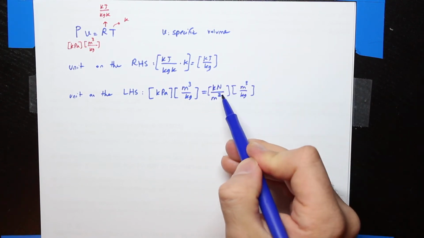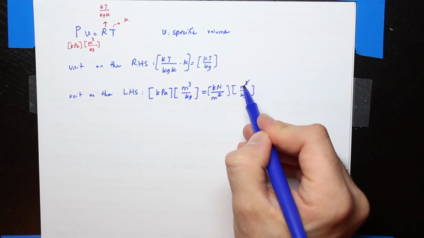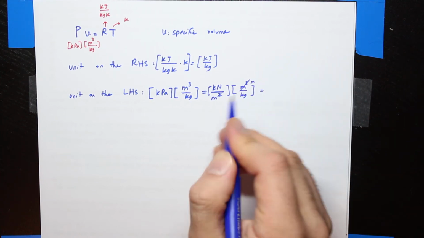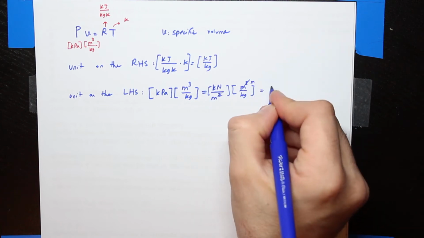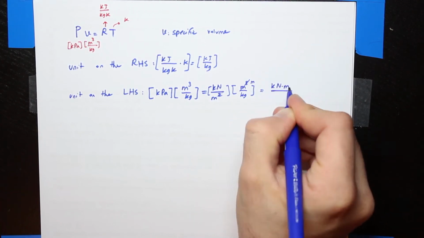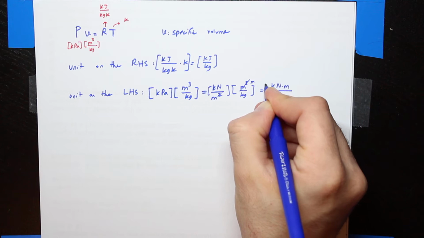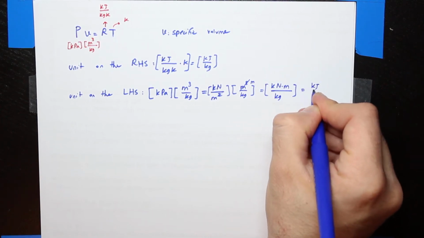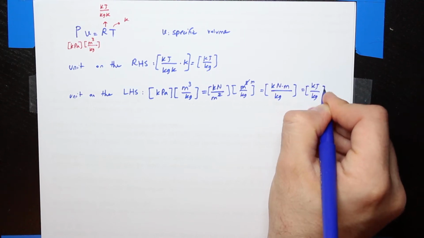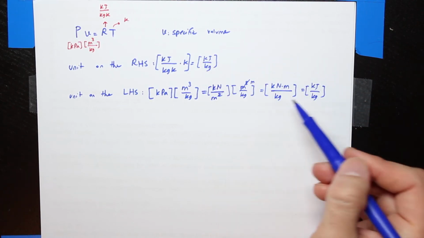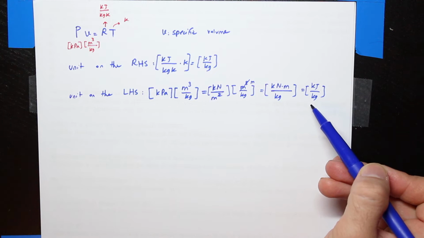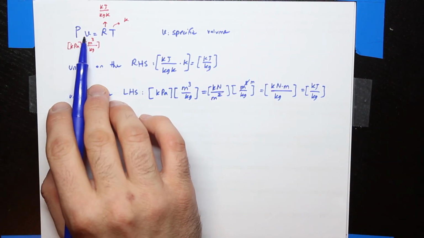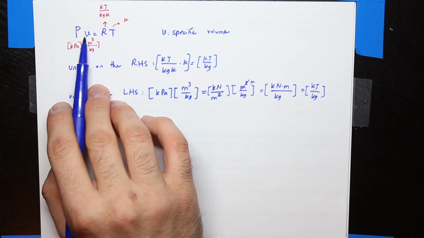This cancels two of the m's, so I still have one m, and I will have kilonewton meter over kilogram. And you know that Newton meter is joule, so I will have kilojoule per kilogram. So you see that the units are the same on the left hand side and the right hand side. The point is, here this V should be a specific volume.